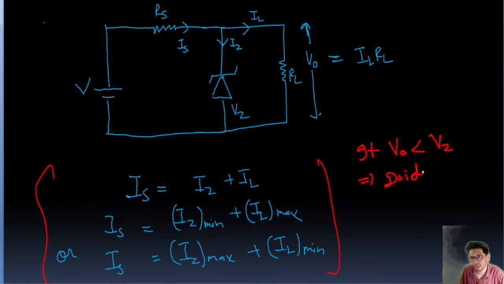And if V output is greater than VZ, the Zener voltage, in that case the diode is on.